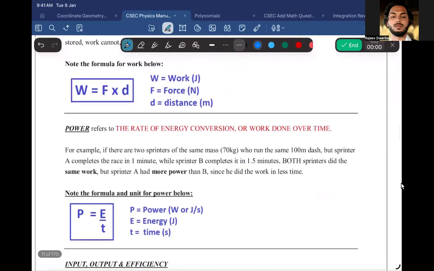Make sure you have the formula for work, right? Make sure you have the definition for power and the formula for power. So have the formula for work, have the definition for power, and have the formula for power.